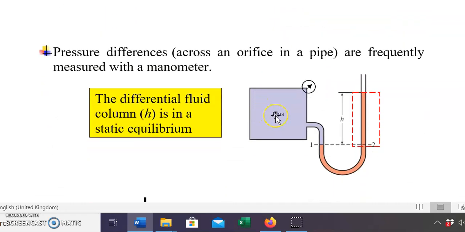Okay. Let's say the pressure gauge is not being used here, but you can measure the difference.